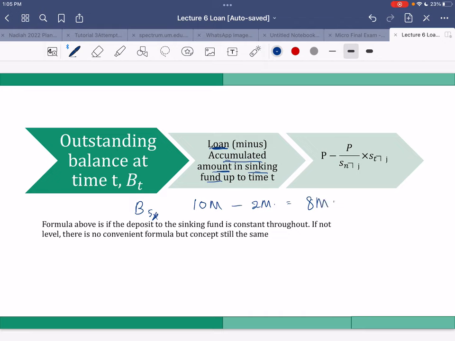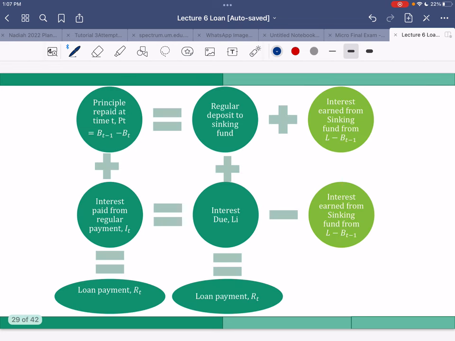This formula for calculating B_t is applicable only if the regular payment being made is constant, is level. This is the relationship for the sinking fund method.